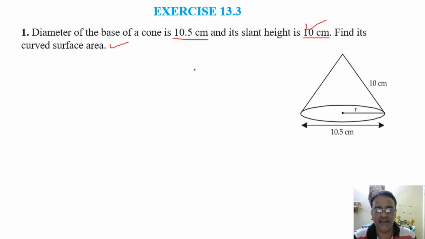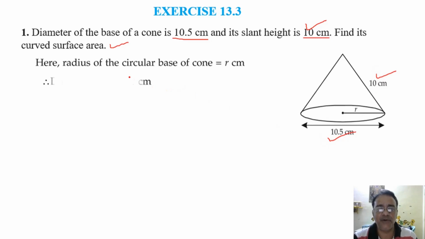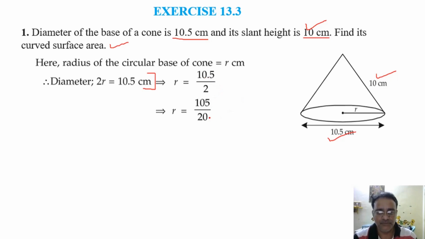Diameter is given as 10.5 centimeter, so what is the radius? 10.5 by 2. We'll remove the decimal also. If you divide by 5, what you will get? 21 by 4.